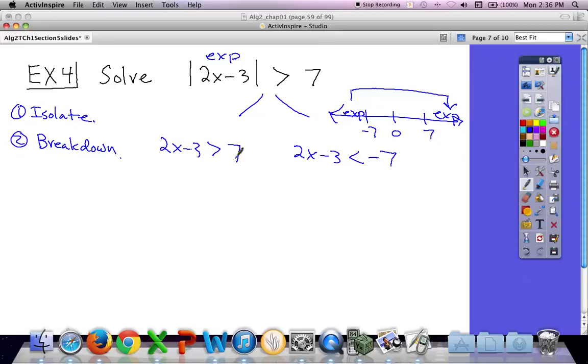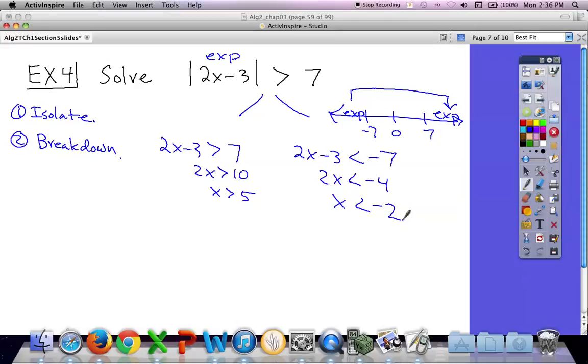Now, let's see what happens when I solve these and I put them on a number line. If I add 3, I get 2x is greater than 10. So divide by 2, x is greater than 5. On this one, I add 3, 2x is less than -4. I divide by 2, x is less than -2.